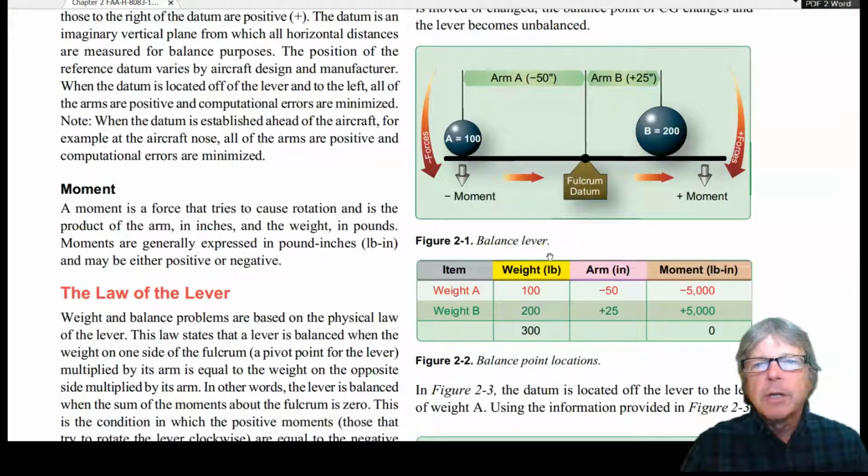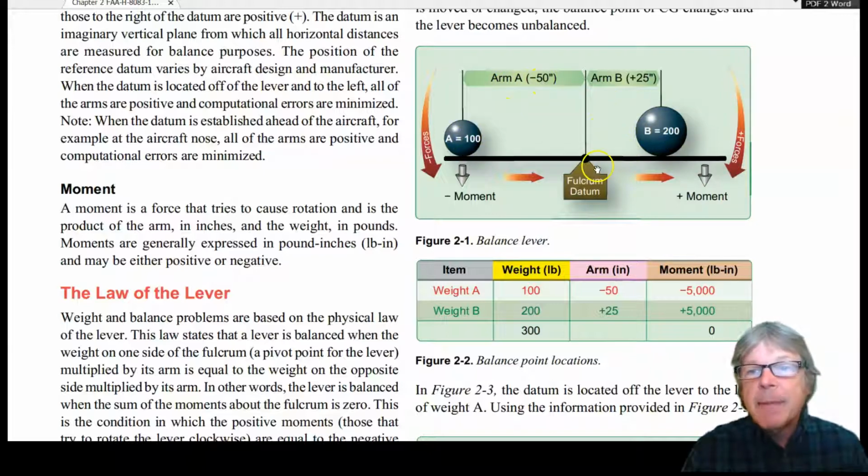So let's take a look at their example here. We have weight A, and it weighs 100 pounds, and they're showing us this with this ball. Then we have weight B, and it weighs 200 pounds. Just like the old teeter-totter where dad's on one end and the kid is on the other end, it's a different length. The arm for this weight is 50 inches.